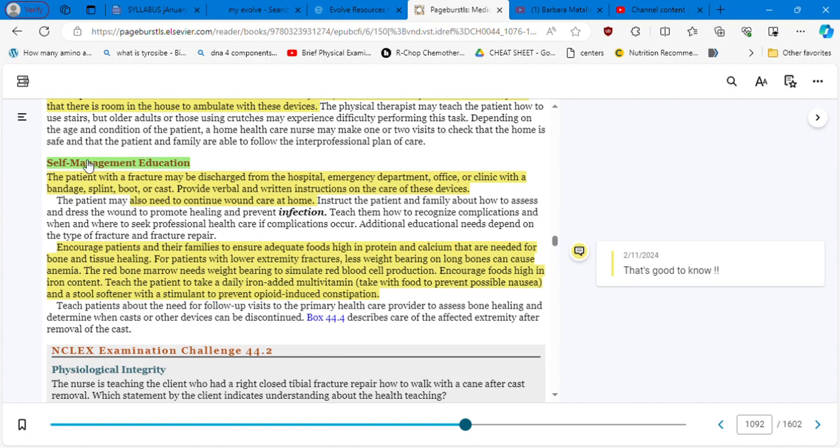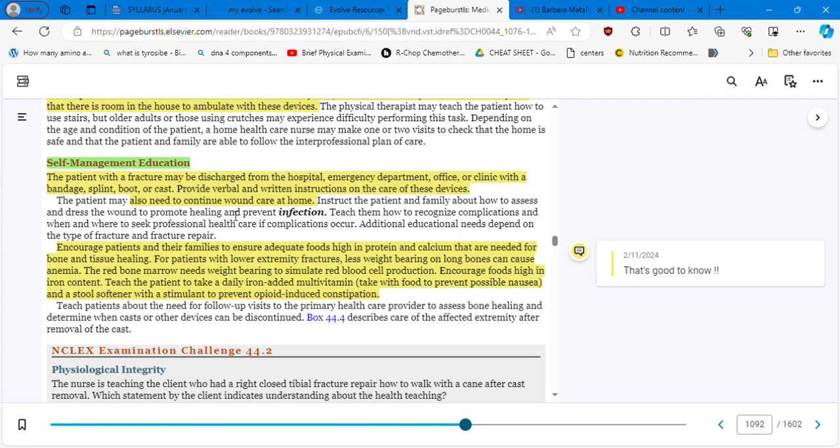the home. Self-management education. The patient with a fracture may be discharged from the hospital, emergency department, office, or clinic with a bandage, splint, boot, or cast. Please provide verbal and written instructions on the care of these devices.